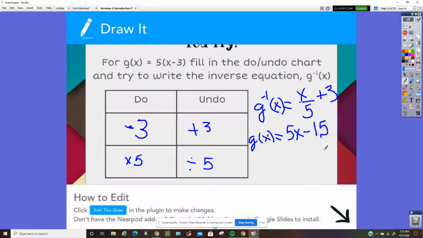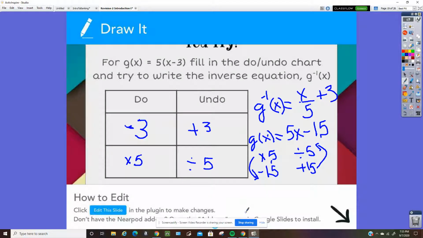And then the do would be times 5, and then minus 15. And then the inverse would be add 15 and divide by 5. Let's see what happens here. We should get the same inverse function.